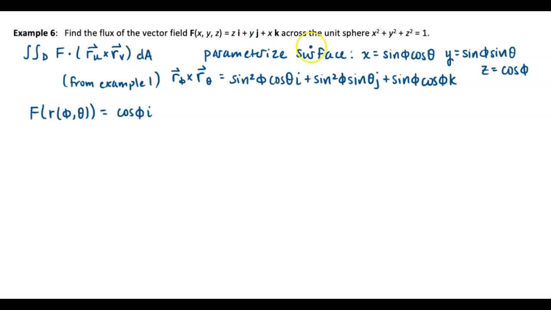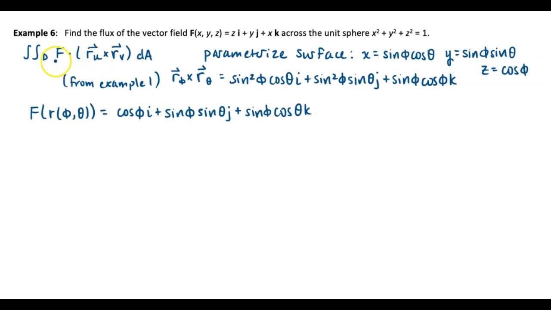I've got yj, that's going to make this a plus sine of phi sine of theta j. I've got an xk, and so that's going to make that a sine of phi cosine of theta k.